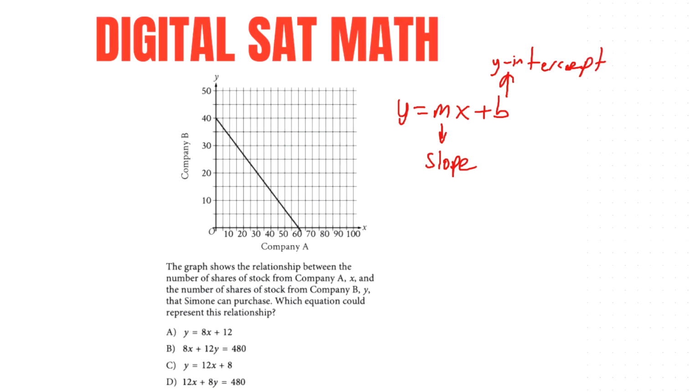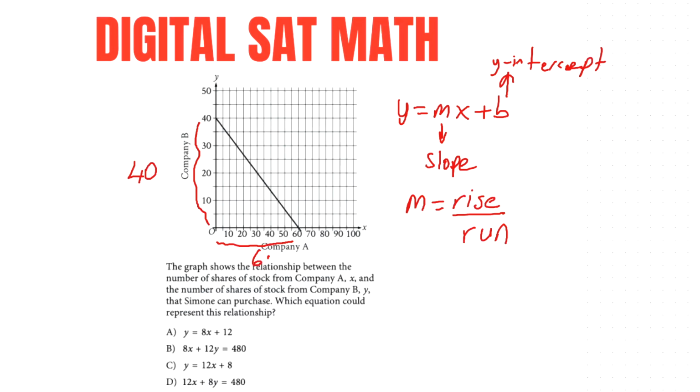Another way of finding the slope is that slope means rise over run. Vertically, from the origin, there are 40 units. And from the origin to the right, which is the run, there are 60 units.